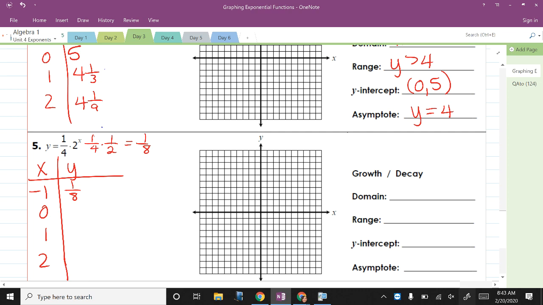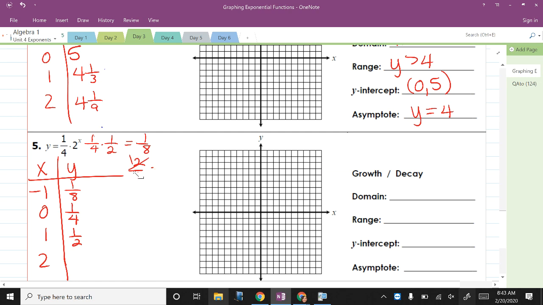What's 2 to the 0 power? 1. What's the 4th times 1? A 4th. Okay? And then I have 2 to the first power, which is 2. What's 2 times 1/4? It is 1/2. Right? And if you don't believe me, 2 over 1 times 1 over 4 is 2/4, which reduces to 1/2. Now, these are really small fractions, aren't they? Yes, but they're getting larger, aren't they?